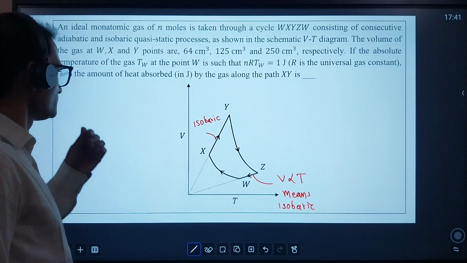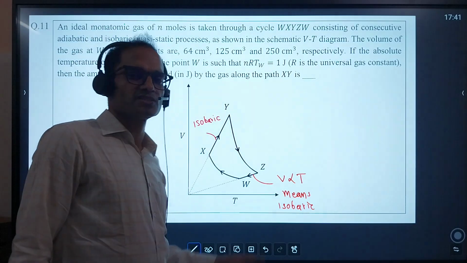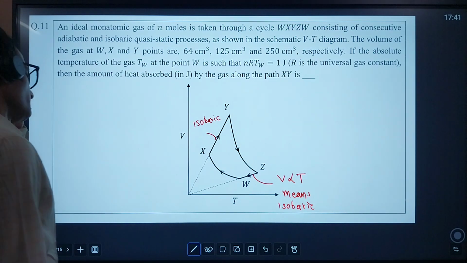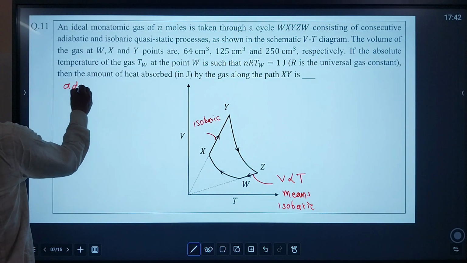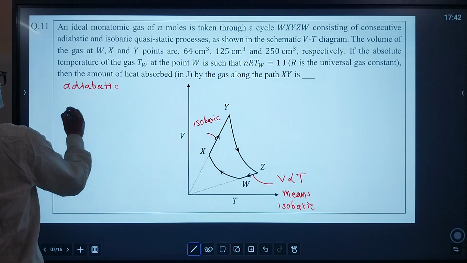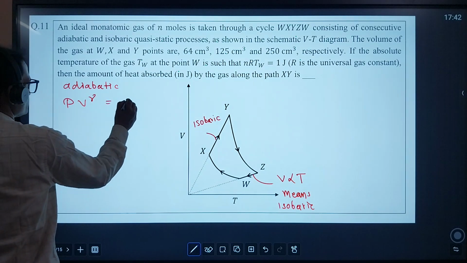This was easy to find, and obviously these two processes will be adiabatic because it is given. But let us see what happens in adiabatic process. In adiabatic process, PV to the power gamma is some constant.